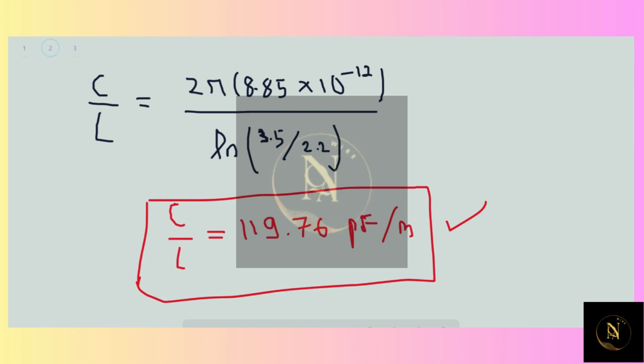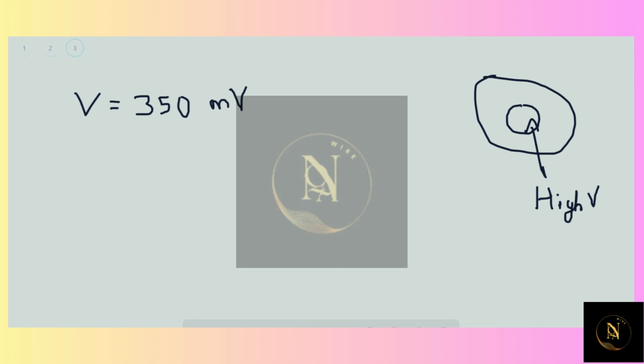From the previous value of the capacitance per unit length, if you multiply by the length on both sides, you'll find the capacitance of this capacitor.